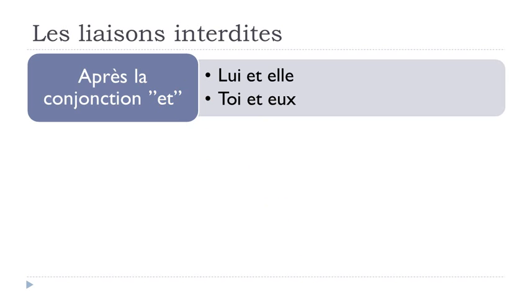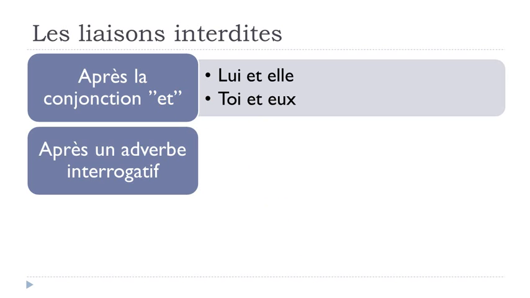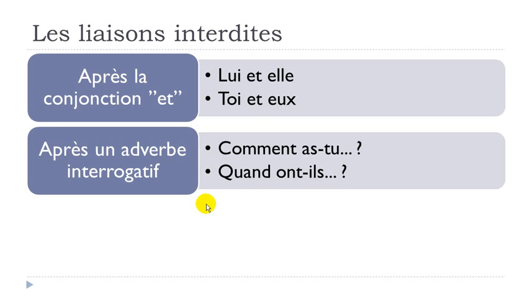Then we've got this structure in which you've got a question like here and here, and you start your question with an adverb. That's what we call an adverbe interrogatif, because it's a question. So, comment, how, as-tu, so, do you have, or have you?